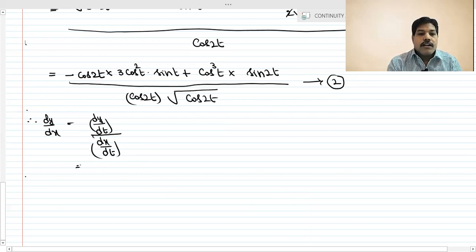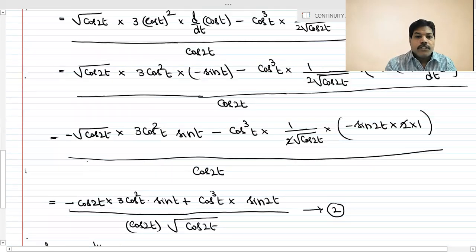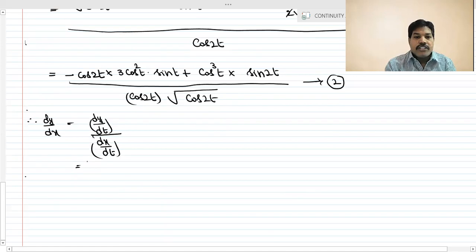So what is that dy by dt value? What is the dy by dt value, students? Already you know that. Just now we calculated. So dy by dt value we can take from my equation number 2.